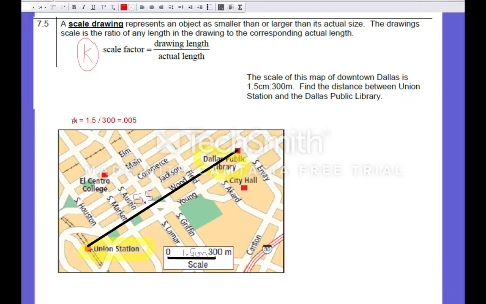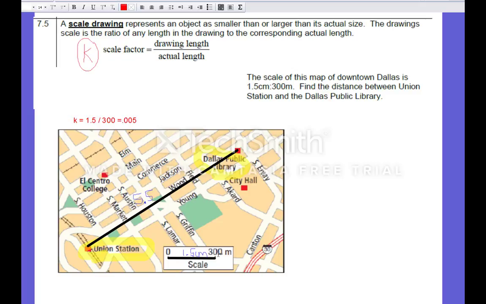Okay, so what we do is we look for our K, and we plug in 1.5, which is the drawing length, divided by 300 meters, and that gives us a 0.005 ratio of drawing to actual. And then what I did was I measured this.